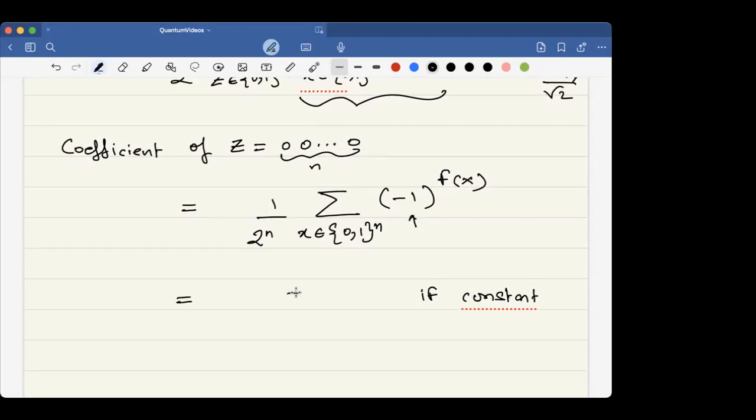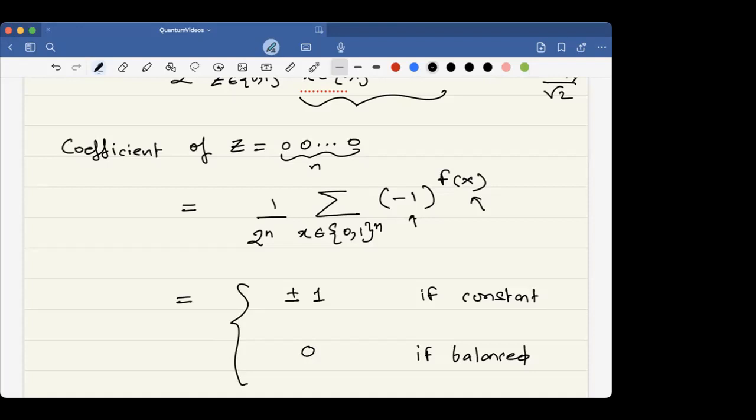So this is going to be plus or minus 1, if the function is constant. On the other hand, if the function is balanced, which means half of these values are plus 1 and half are minus 1, they will cancel each other. So this will be 0.